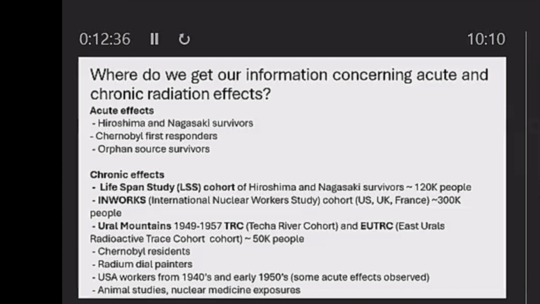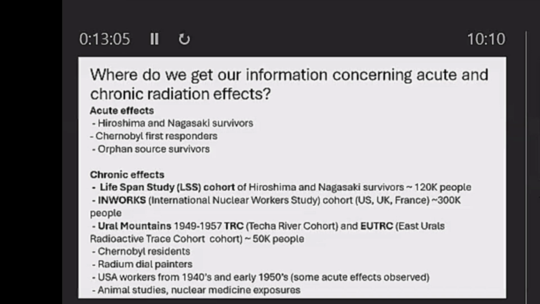There are other studies. There's the Ural Mountains cohorts. I'm not going to cover it in this presentation, but there was this nuclear incident in the Ural Mountains where about 50,000 people were contaminated in the late 40s and early 50s. And there are actually excellent studies concerning this cohort, and some of these survivors are still being followed today.